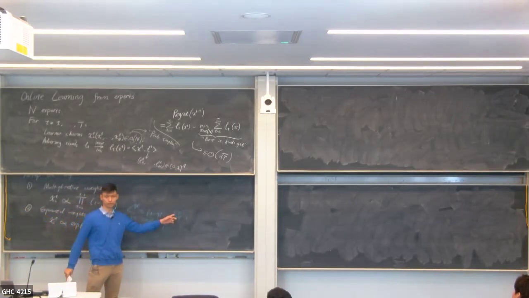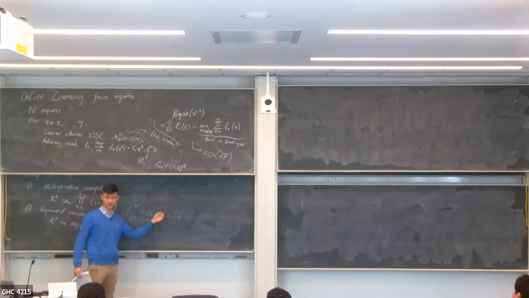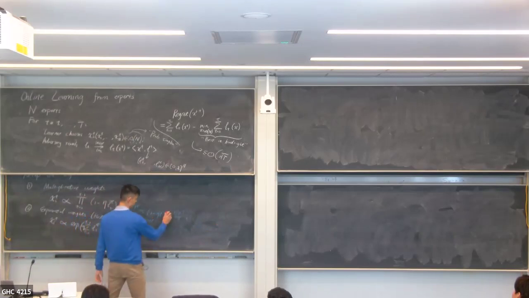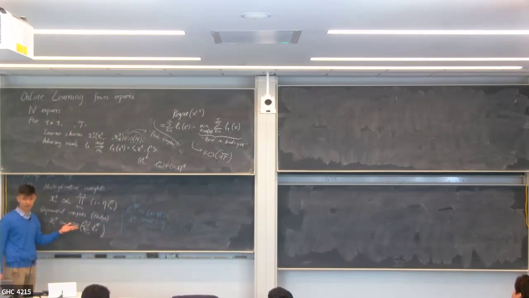But if eta is a small value, eta squared is much smaller than eta, eta cubed is even smaller, and so on. So all the future terms you did not see here will be dominated by the first two terms. These two are roughly the same quantity, so if you don't care about the lower order terms, you can think of them as almost the same algorithm.